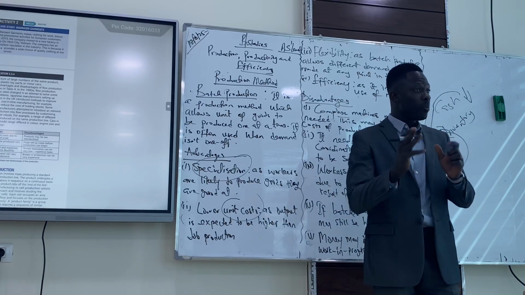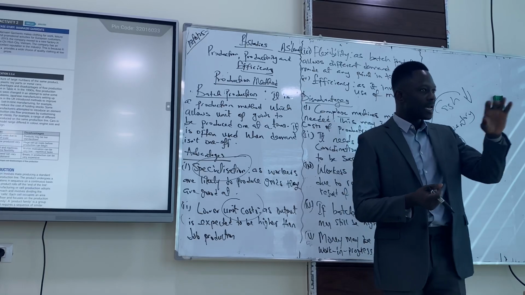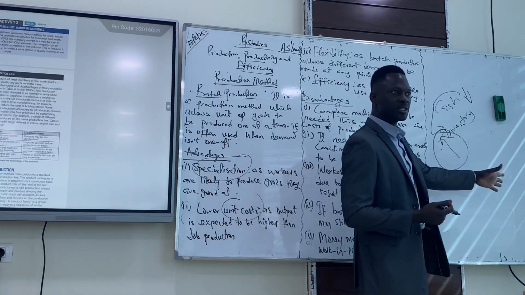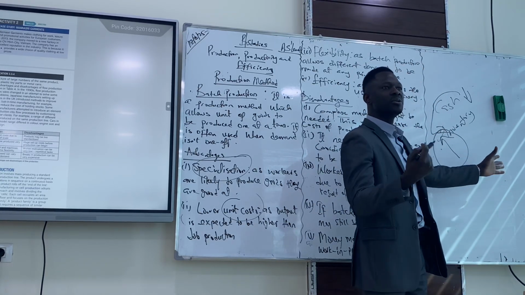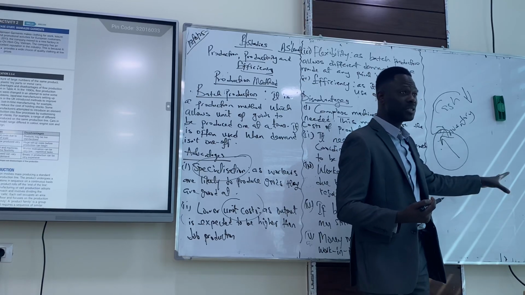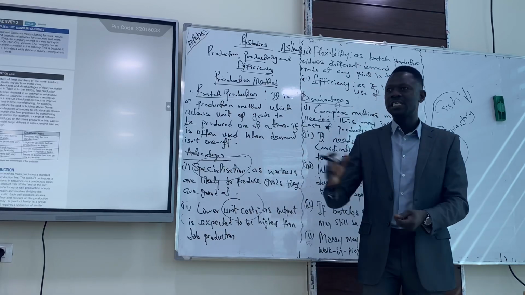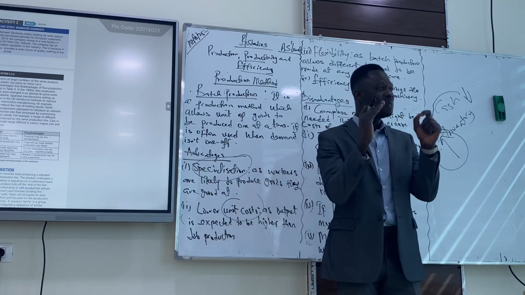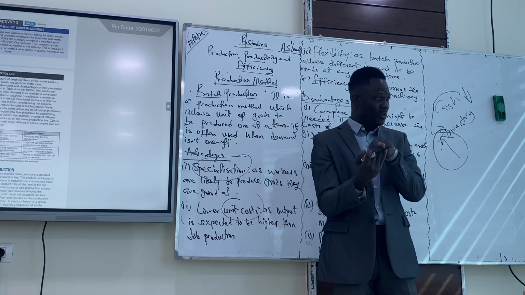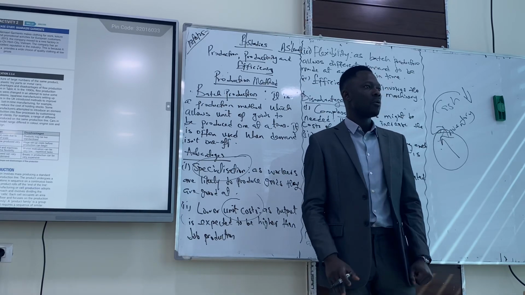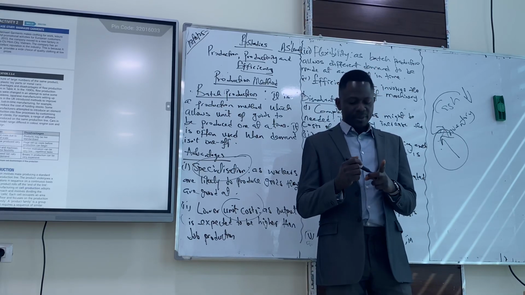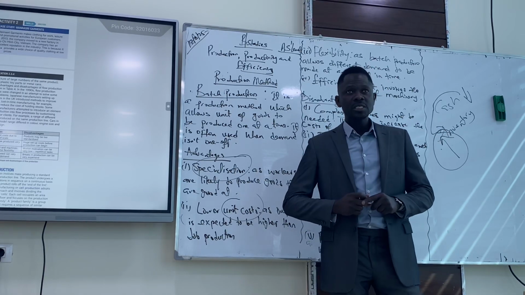So you use cash to buy them, yes or no? If you continue to buy raw materials because you want to produce, what happens to your cash? Your cash starts reducing. So if your cash starts reducing, it might affect your cash flow. And if it affects your cash flow, then there's business failure, because one of the reasons we have business failure is cash flow. Is it clear? Any question about batch production? Thank you.